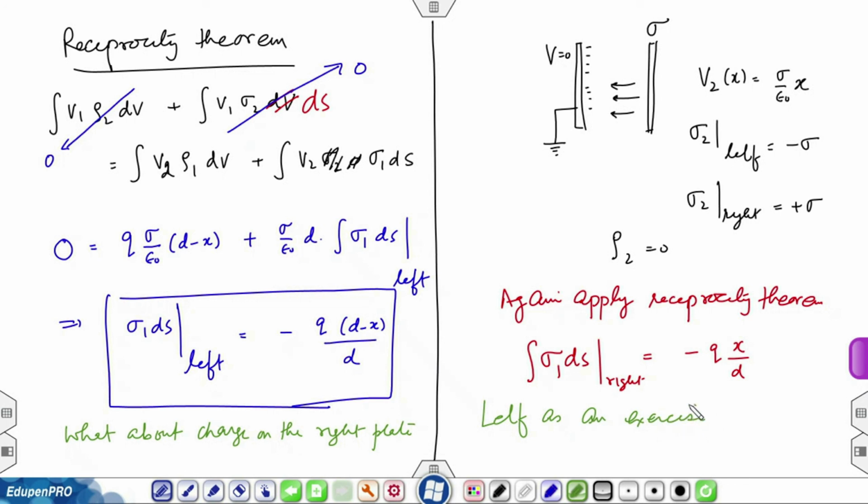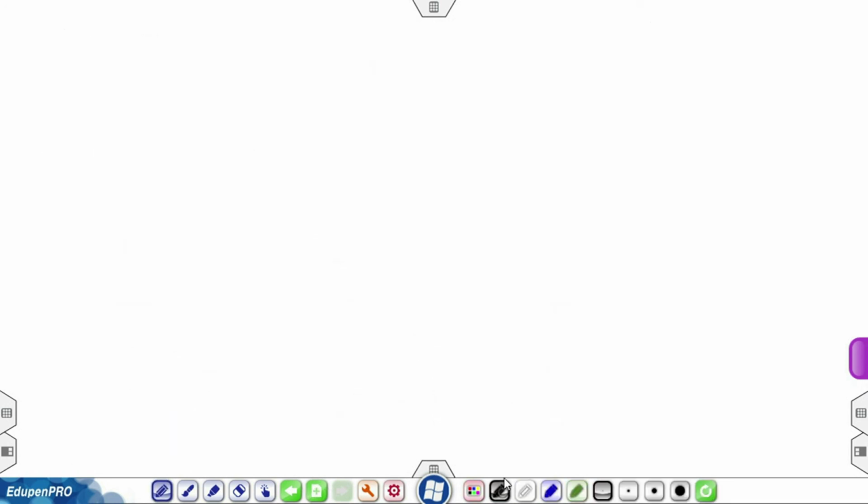So, what we did in this lecture is played around with the Poisson's and Laplace's equation along with the boundary conditions, and got a very important theorem and two identities. So, let us summarize this lecture.